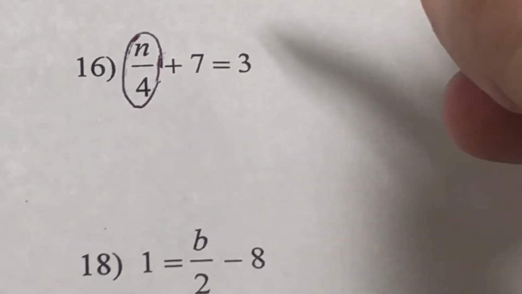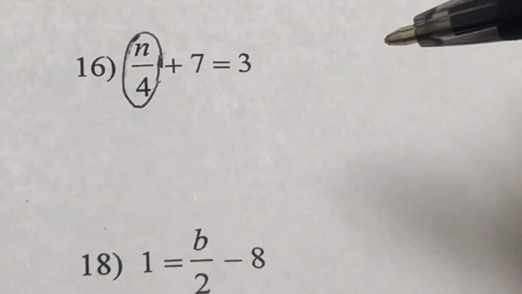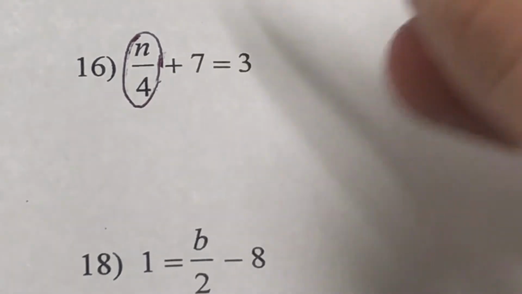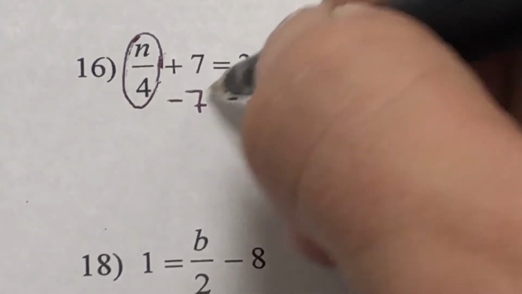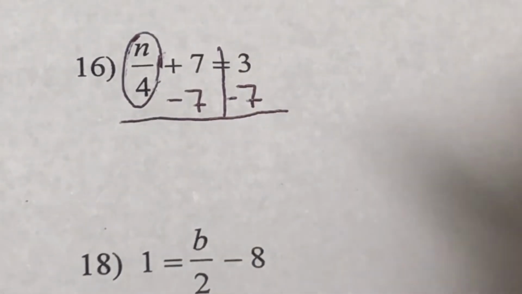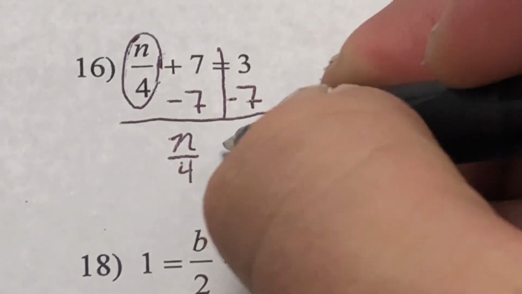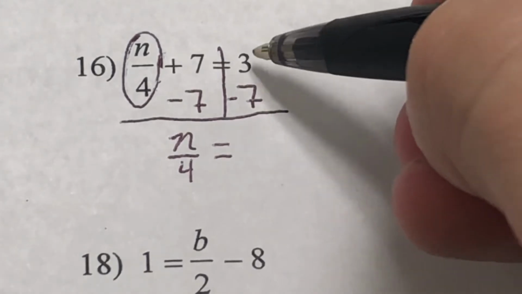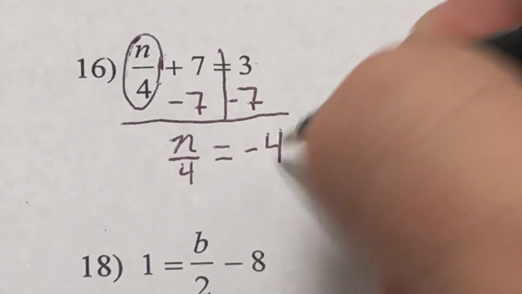But when we're solving equations, we go in reverse order. So instead of dividing first, we're going to get rid of this adding. So to get rid of a positive 7, we need to subtract 7 from both sides. Make sure it's on both sides. That will leave us with n over 4 is equal to 3 minus 7 will get us down to a negative 4.